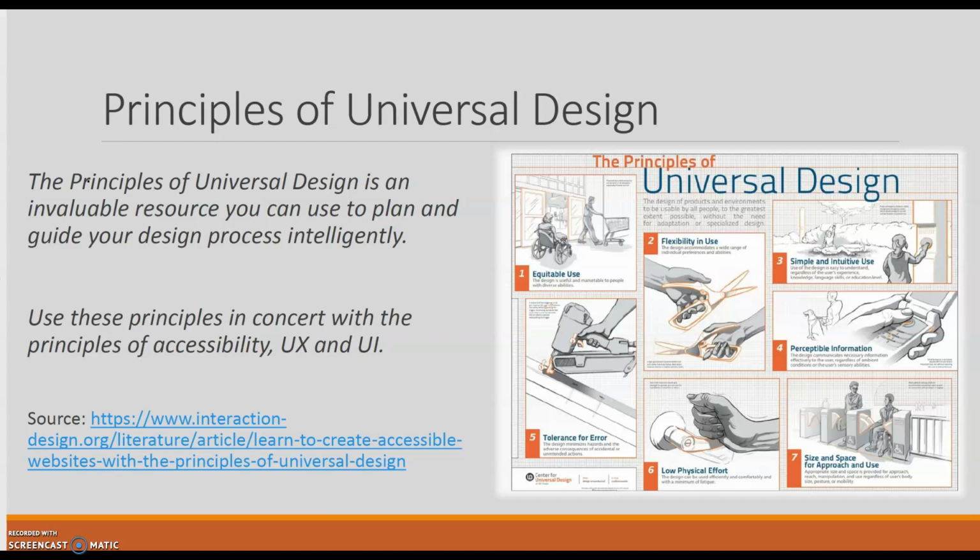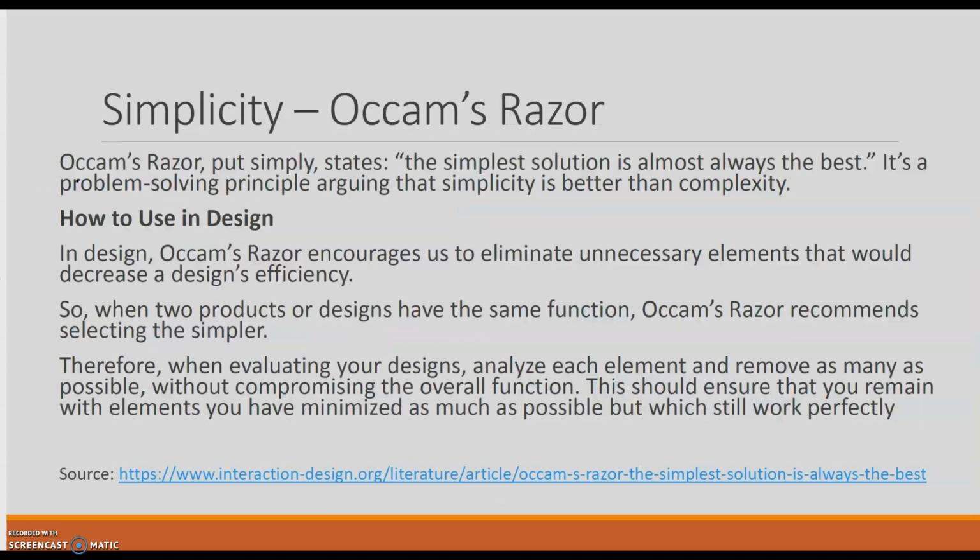And so you'll see here, number 1, equitable use, flexibility in use, something that's simple and intuitive in your design, information that's perceptible to all, tolerance for error, low physical effort, and size and space. So keep those things in mind as you're doing your work this week.